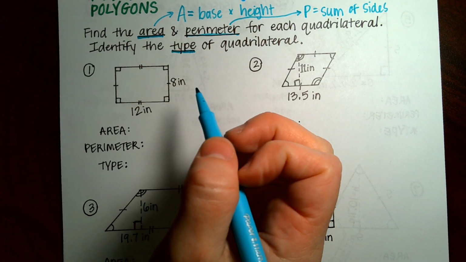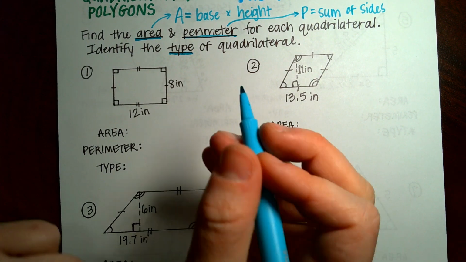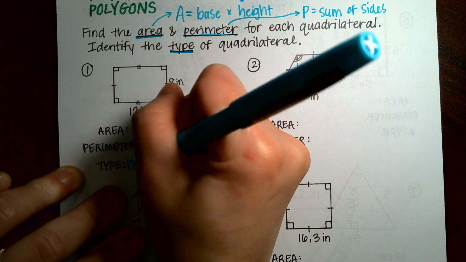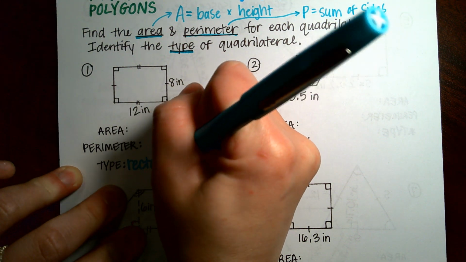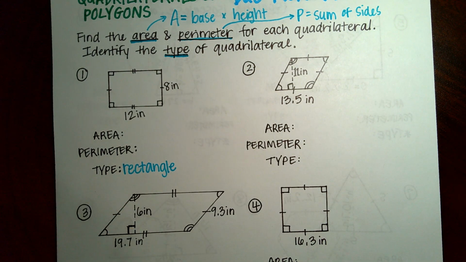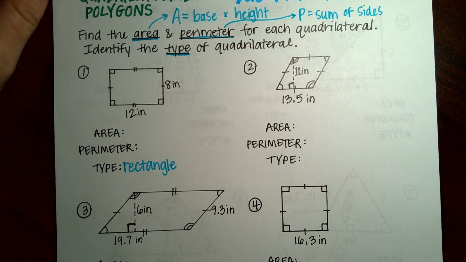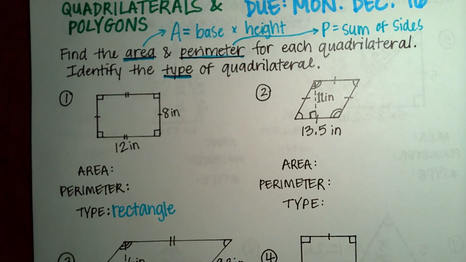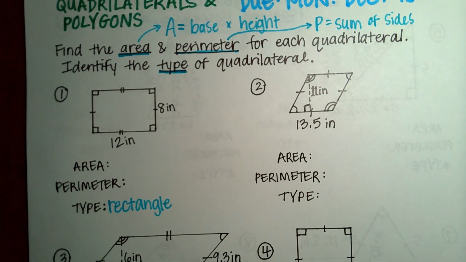So for number 1, first of all, what kind of quadrilateral is this? Rectangle. Good. How'd you know it was a rectangle? Because all 4 corners are 90 degrees. Perfect. What about the side lengths? They're different. Yes, we have 2 pairs of sides that are the same. They're not all 4 the same.